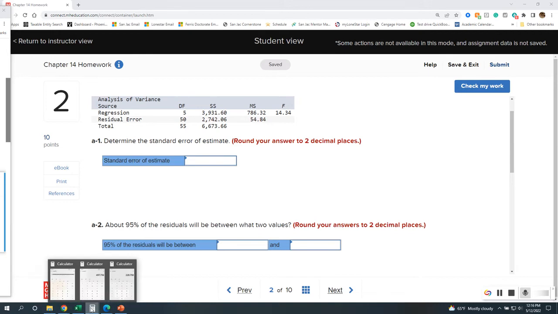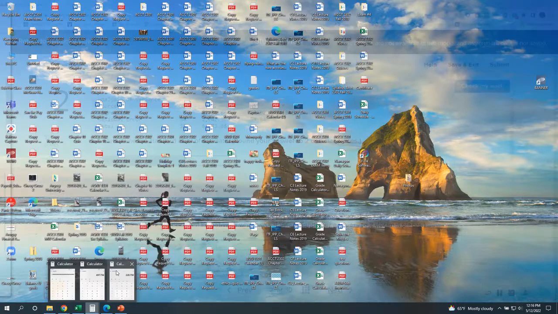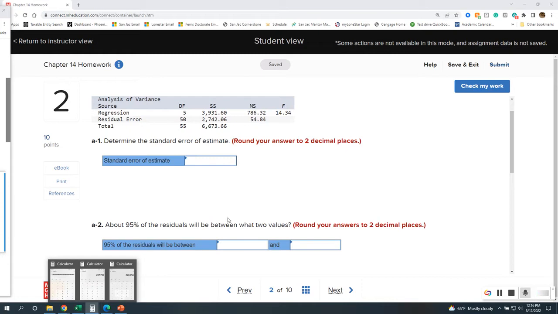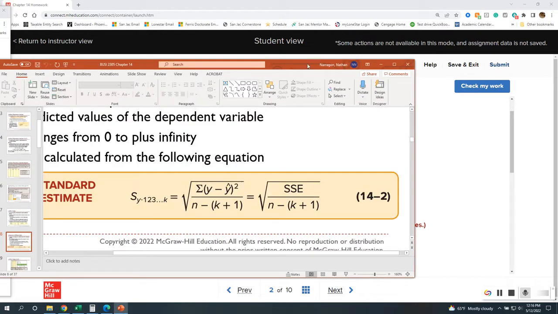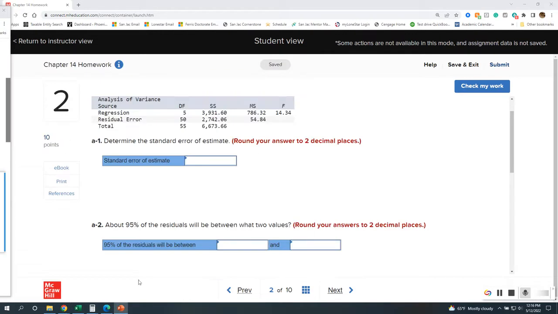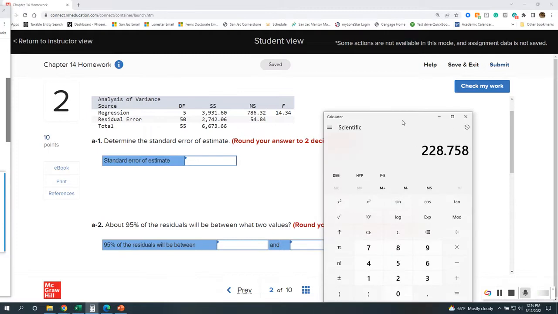So we have two ways. Again, we can use Excel or we can use the calculator. This time, I'll probably use the calculator in itself because it's just a basic formula that we got. So, calculator, where are you, calculator? There you are.